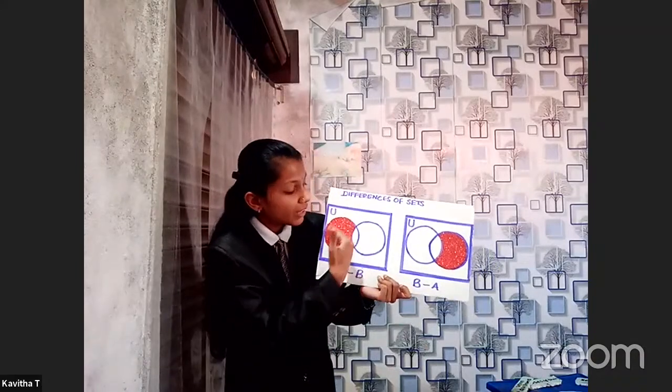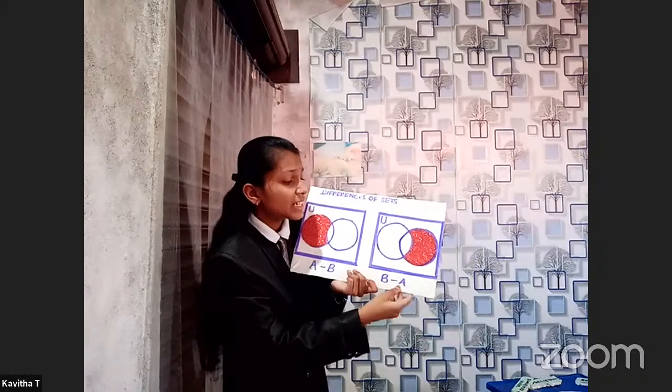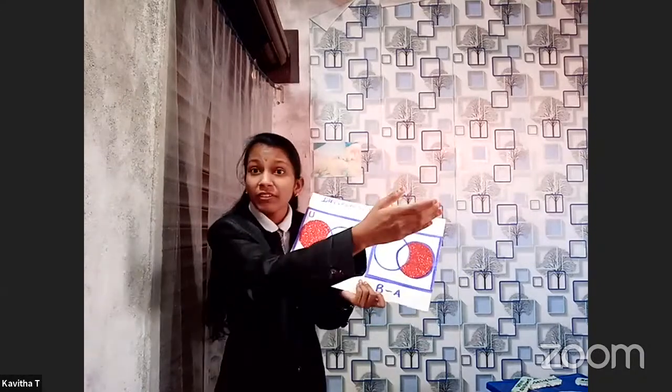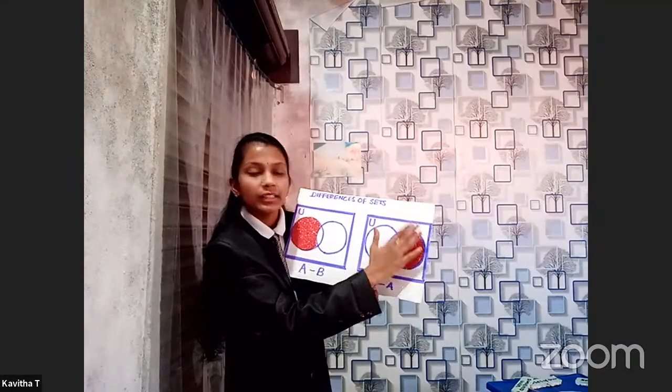We have to cancel B from A. Here we are doing one activity on it. What are the remaining? Hibiscus. Venn diagrams show a representation of shading on circles, so that's why we are shading the B part.